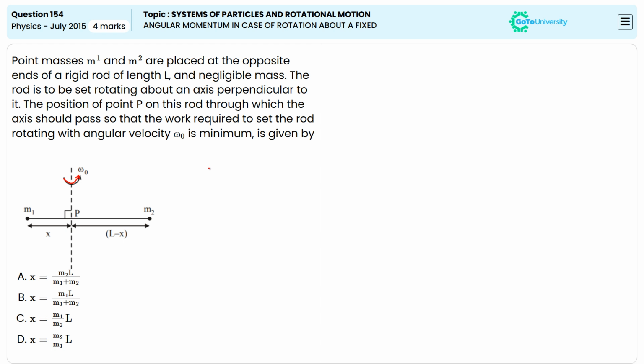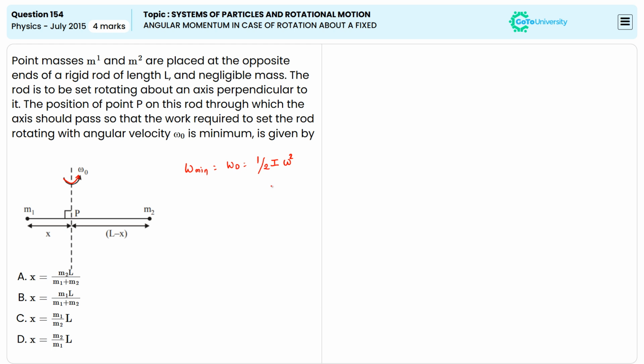That means we need to find the minimum work. The work done is equal to half I omega square, the rotational kinetic energy.